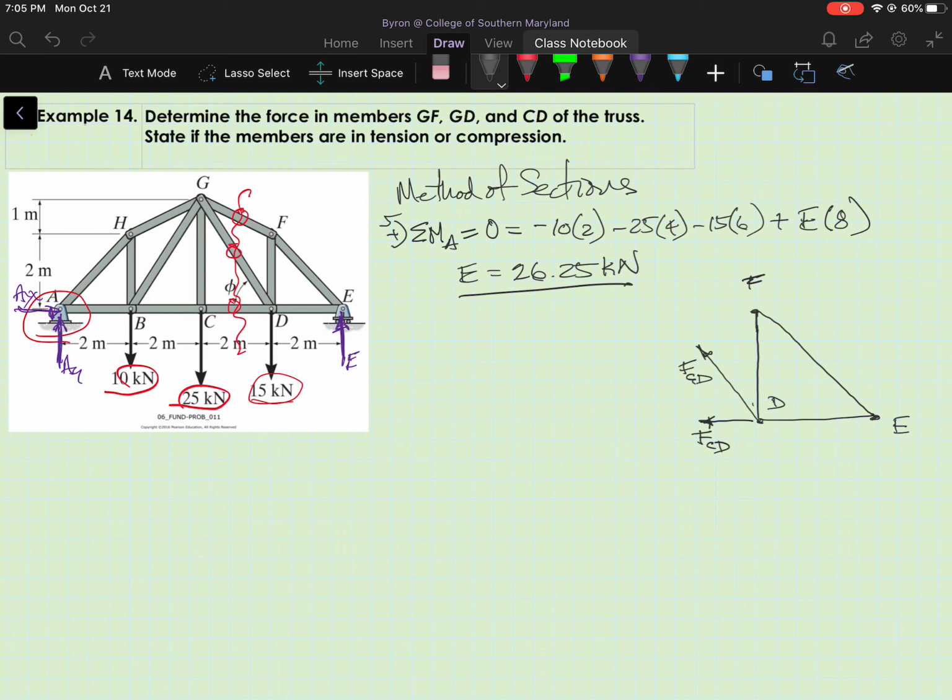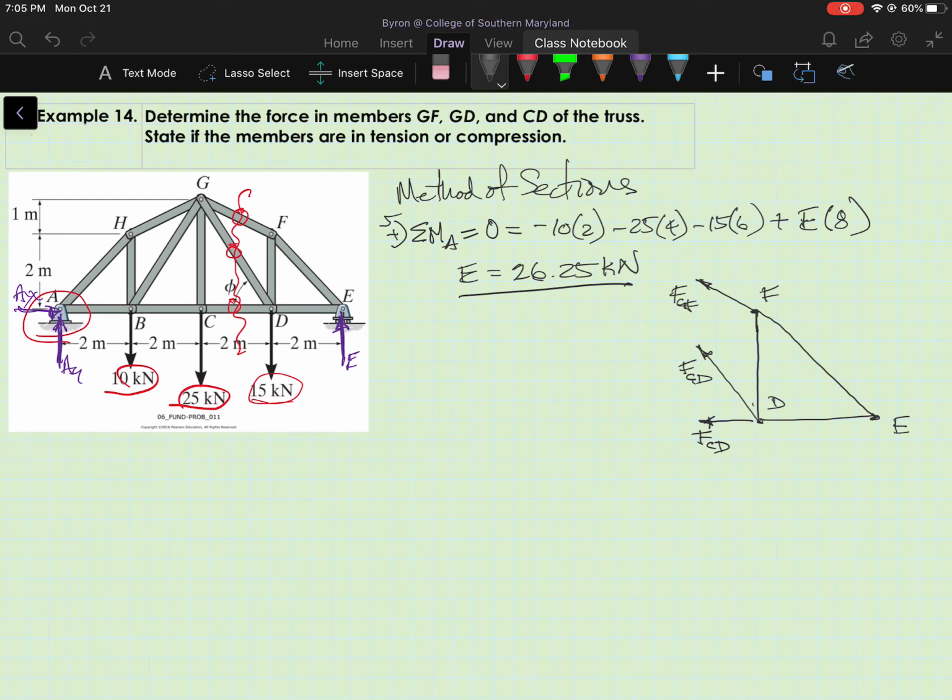And I'm going to have FGF. Let me put that F here closer to the joint. Okay, so I have my unknowns shown there.